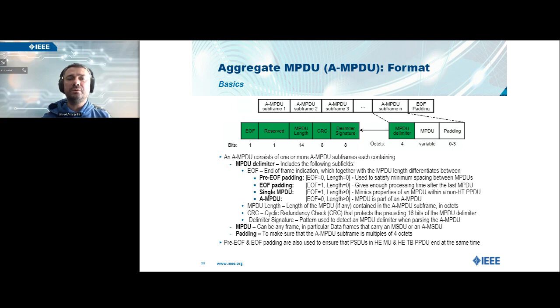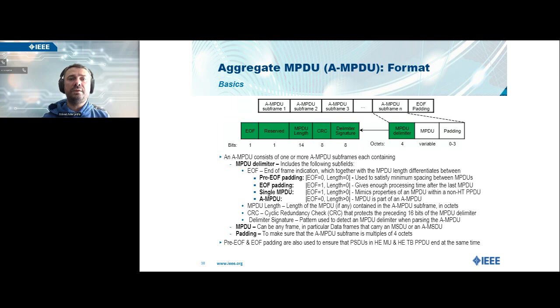This is mainly to separate between soliciting an ACK frame and soliciting a block acknowledgement frame. The block acknowledgement frame is solicited by an A-MPDU construct, and the ACK frame is solicited by a single MPDU construct. Then we have the CRC, which protects the previous portion of the MPDU delimiter, so that you know, for example, whether the MPDU length is correct or not.